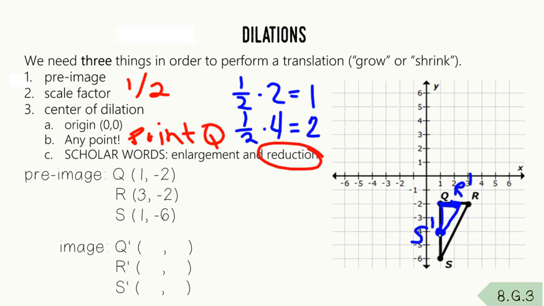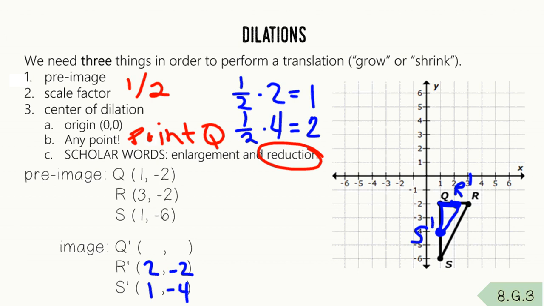If I connect those 2 points, I can see that I have a triangle that is 1/2 the size that it was previously. So I can see that S prime is located at 1, -4, and R prime is located at 2, -2.